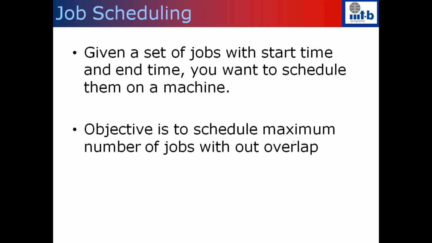That means that at any point of time only one job can be executed on the machine. So if two jobs are overlapping, then both jobs cannot be scheduled on the same machine at the same time. So we want to find the maximum number of jobs that can be scheduled on one machine.